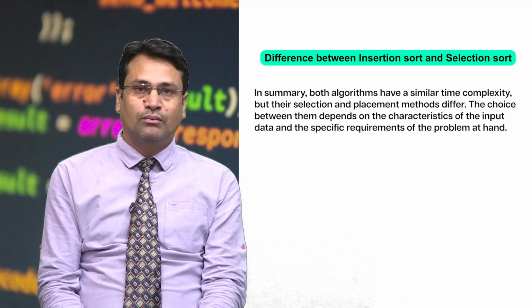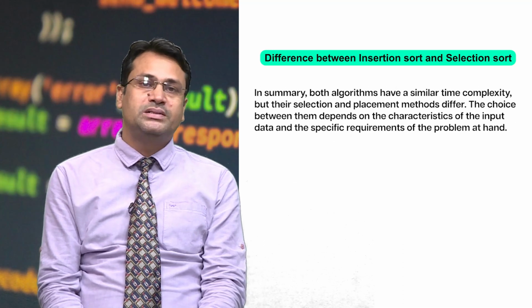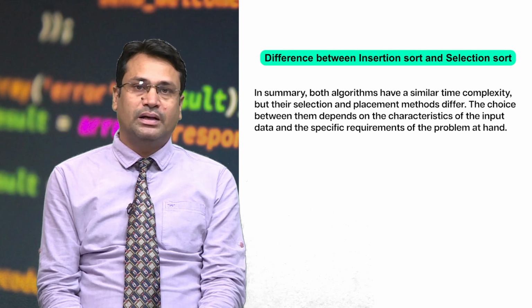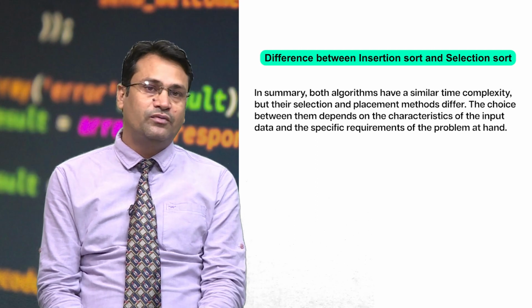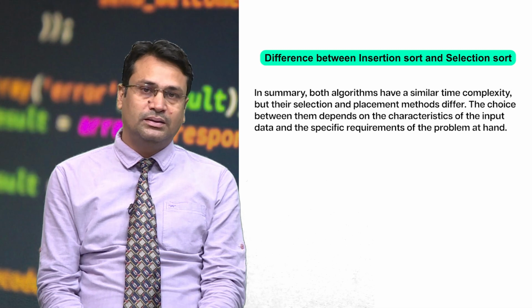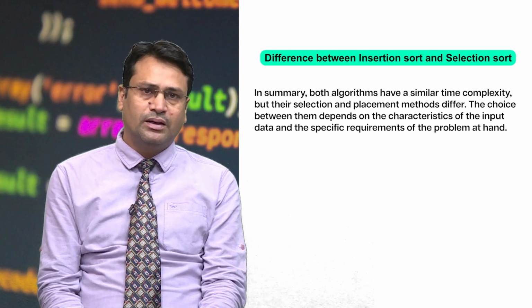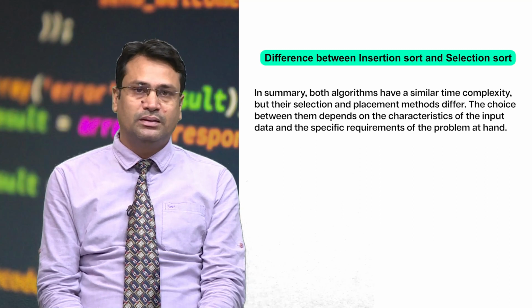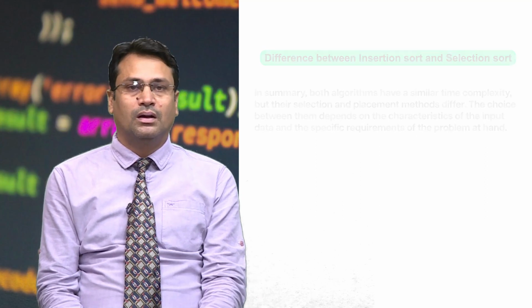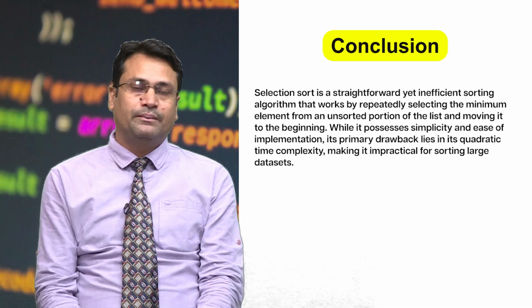In summary, both algorithms have similar time complexity, but their selection and placement methods differ. The choice between them depends upon the characteristics of the input data and the specific requirements of the problem at hand. Now, we will move to the conclusion part.